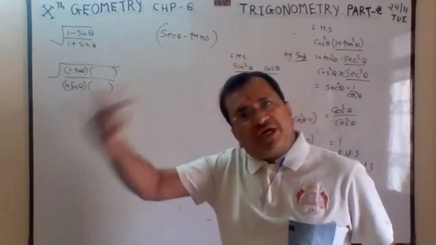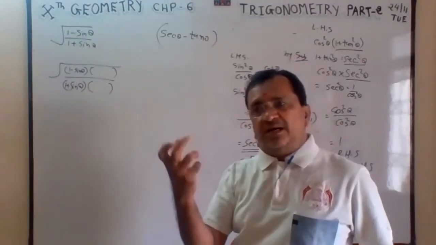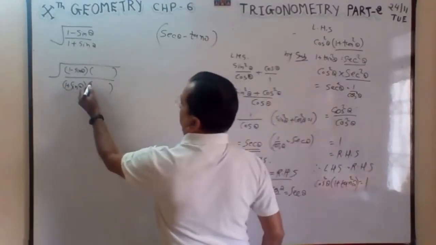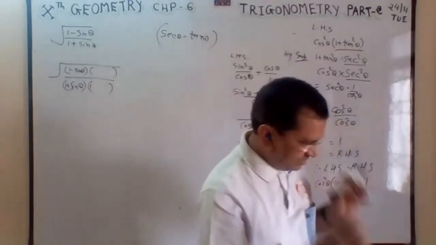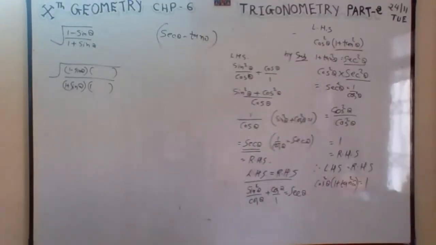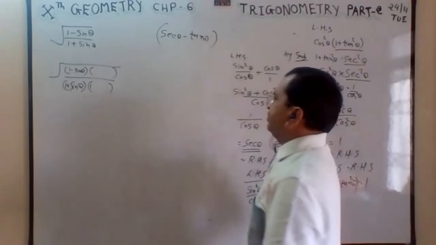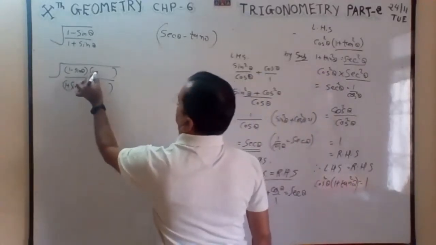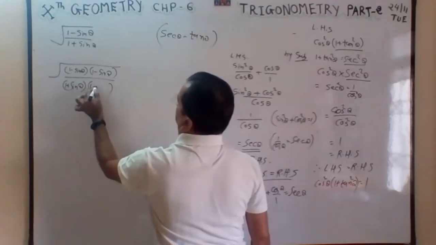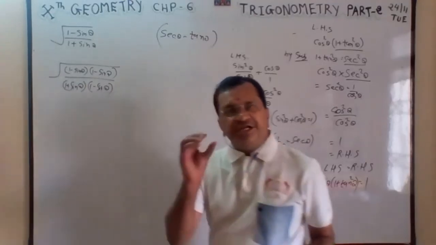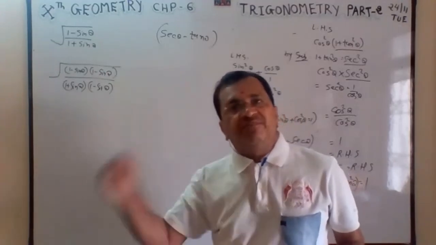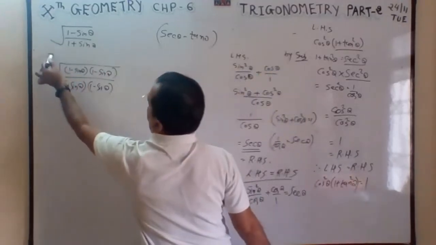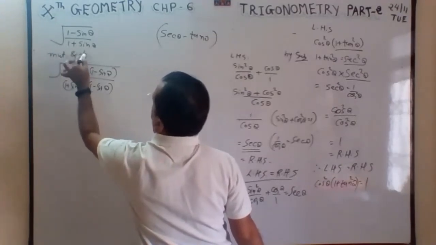So the denominator conjugate pair we will take, the opposite pair of the denominator, that is plus. Okay, then the opposite of this. Again, in the denominator it is 1 plus sin, so we will multiply and divide by 1 minus sin. So multiply and divide by.